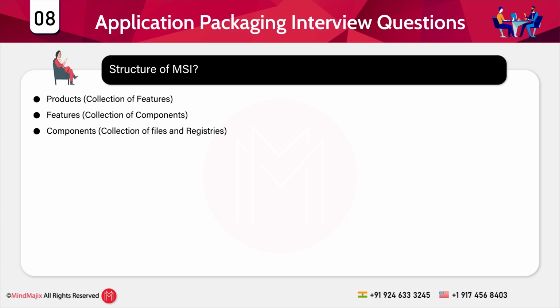Then components: a feature can have n number of components, and the components can have n number of files and registry entries. So the product is a collection of features, features are a collection of components, and components are a collection of files and registry. Any application we install can have n number of files and registries.